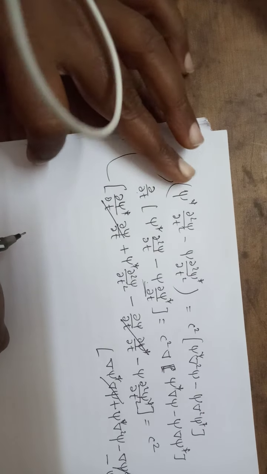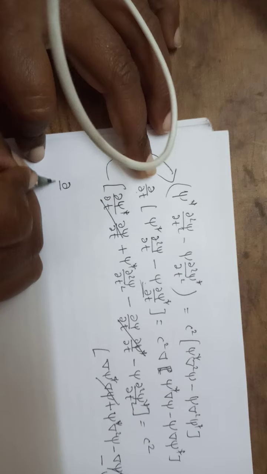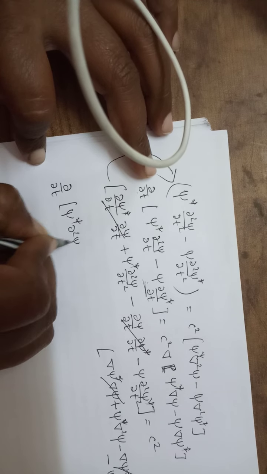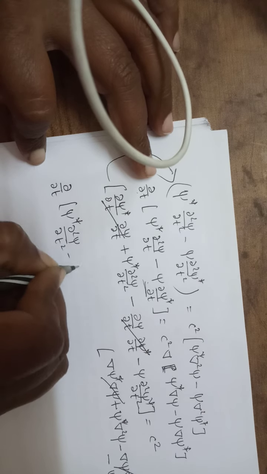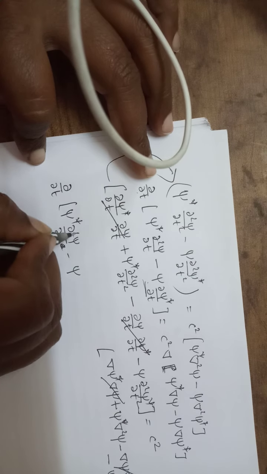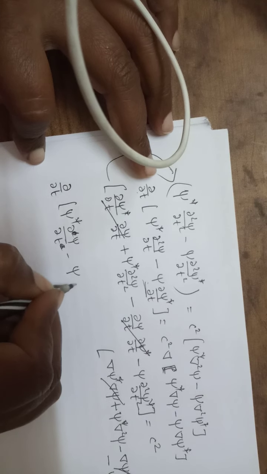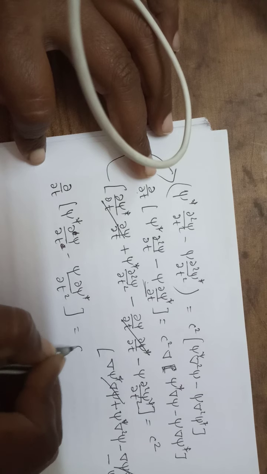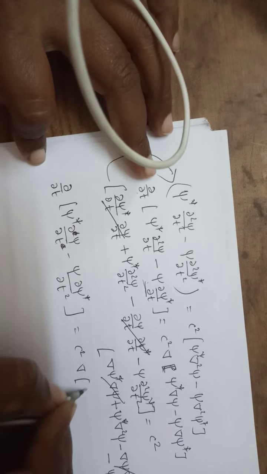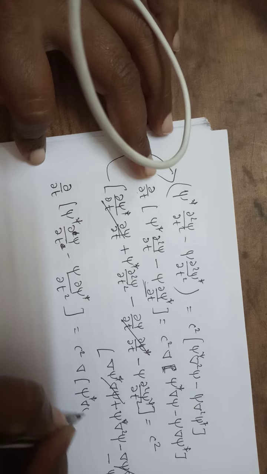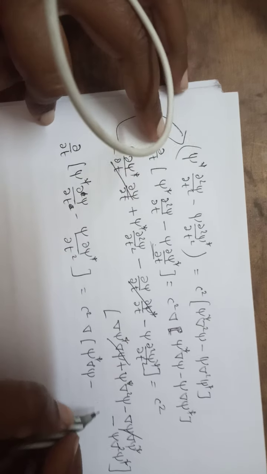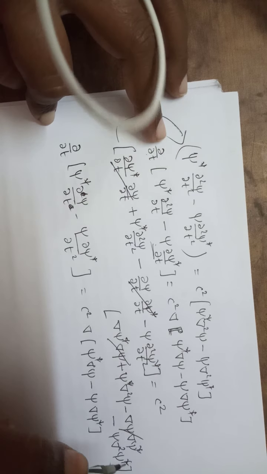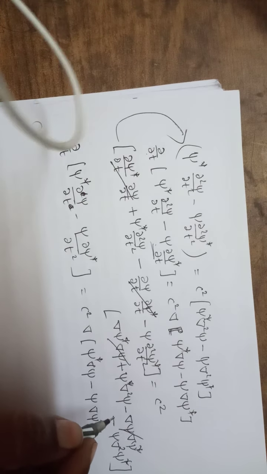So we can write that equation as this: del by del t of psi star del psi upon del t minus psi del psi star by del t is equal to c square del of psi star del psi minus psi del psi star.